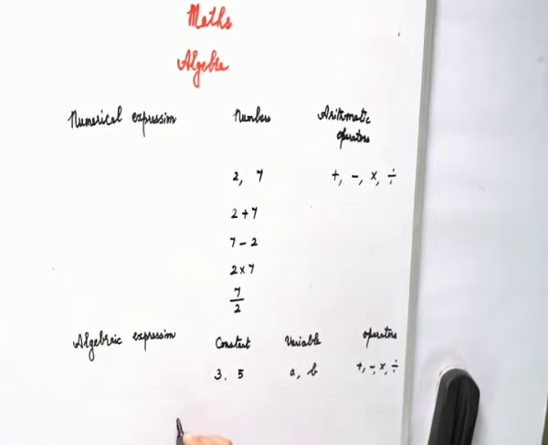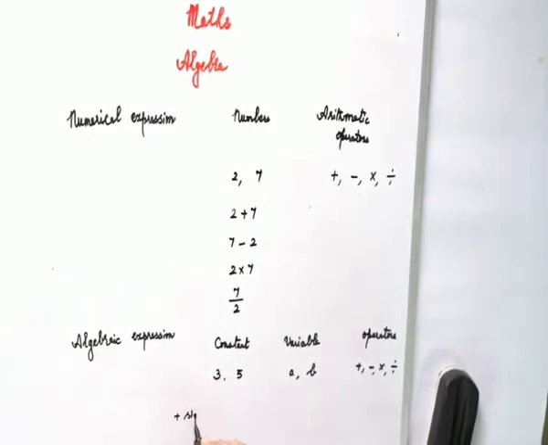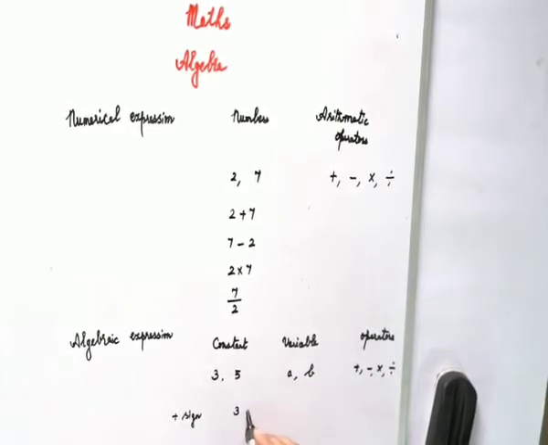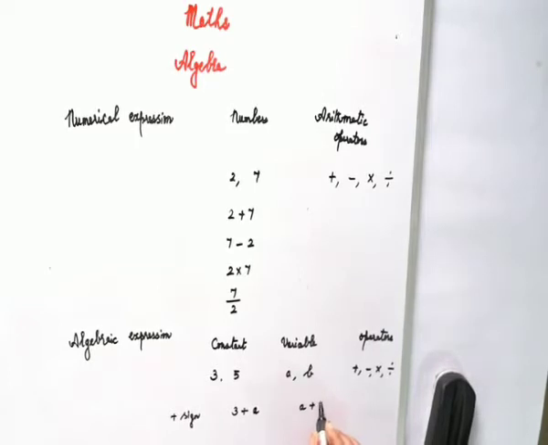First using plus sign. Any one constant, so 3, any one variable using the operators. 3 plus a. This also can be written as a plus 3. Minus sign.